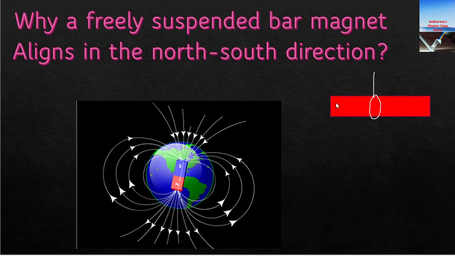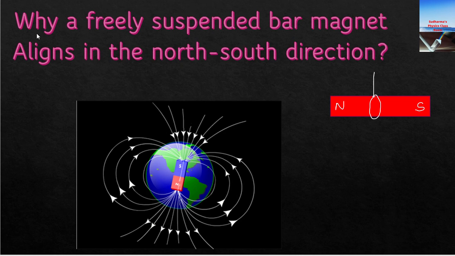You can see that one of the sides will be aligning towards the north of your place, and one side will be pointing towards the south. The side which is pointing towards north is the north pole of the magnet, and the side which is pointing towards your south direction is the south pole of the magnet. This is how we identify the poles of a bar magnet.